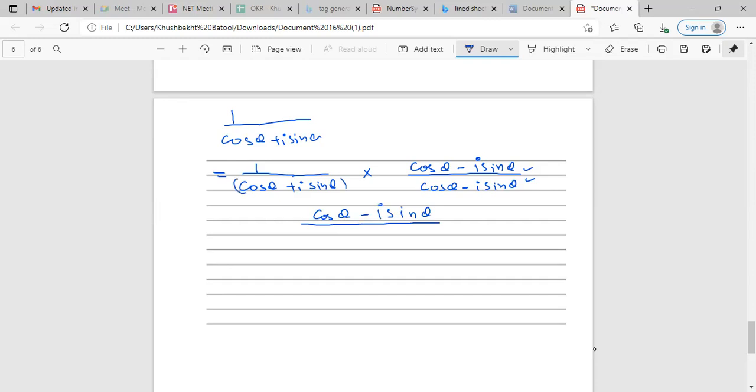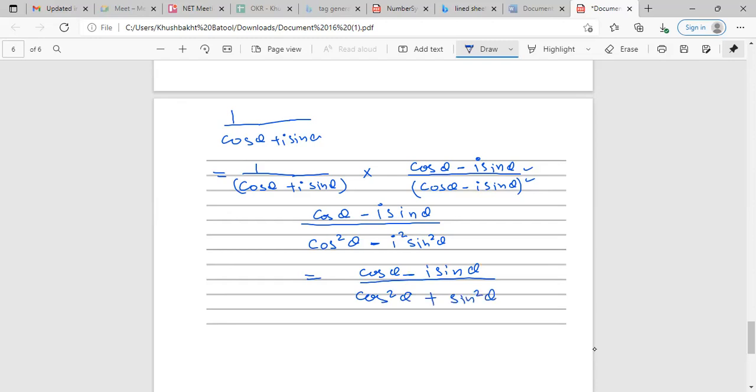now this is basically a plus b and this is a minus b. Whenever I have a plus b times a minus b, I can write it as a square minus b square, so cos square theta minus iota square sine square theta. So the denominator would become cos square theta plus, because iota square is minus 1, so minus into minus is plus, sine square theta.